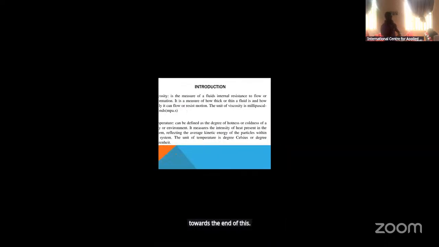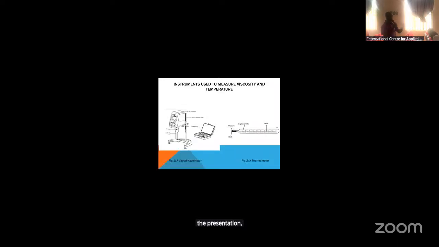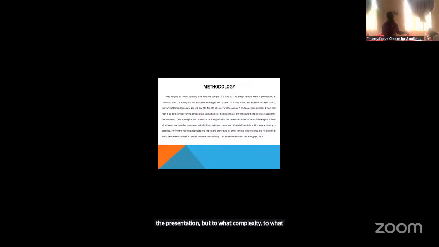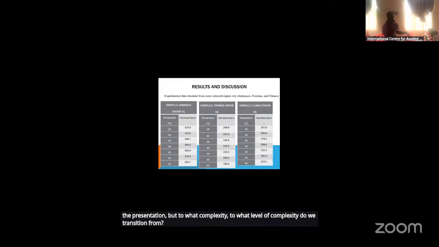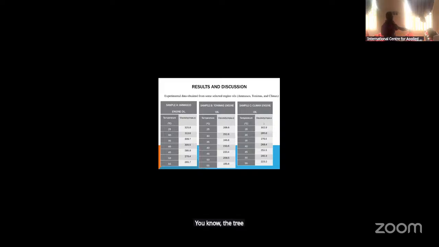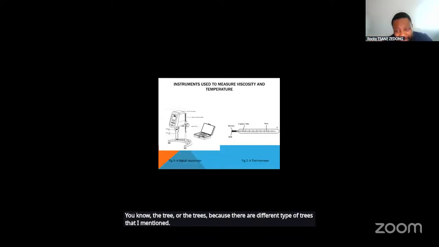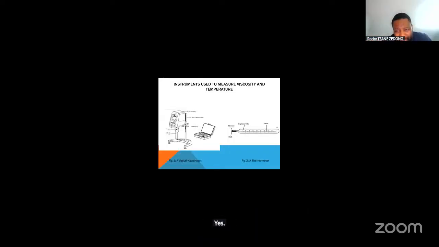But to what level of complexity do we transition from the tree or the trees, because there are different types of trees that you mentioned, to machine learning?